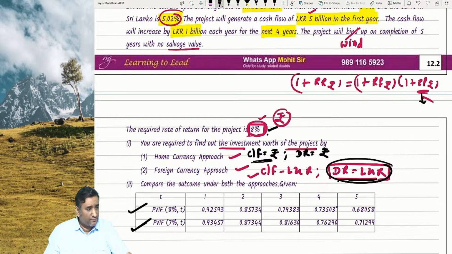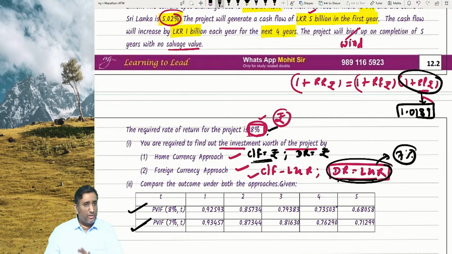Anyone who has done? 1 plus something. No, 1.0189. This is the entire term you're telling me. 1.0189. And then when you apply this you're getting 7. If it is coming, rounding off also, make what? 7%.